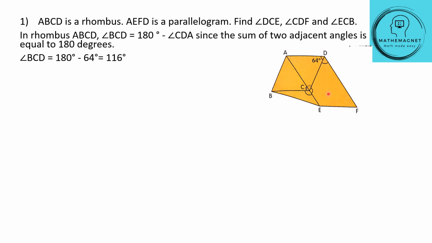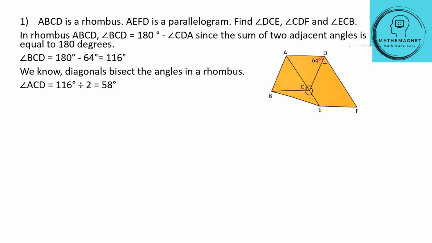Now in a rhombus, the diagonal will bisect the angle into two equal halves. So basically this diagonal will bisect this angle into two halves. So angle ACD will be equal to 116 divided by 2, which is equal to 58. Now we will consider the line ACE, and in this line we know sum of angles will be equal to 180 degrees.